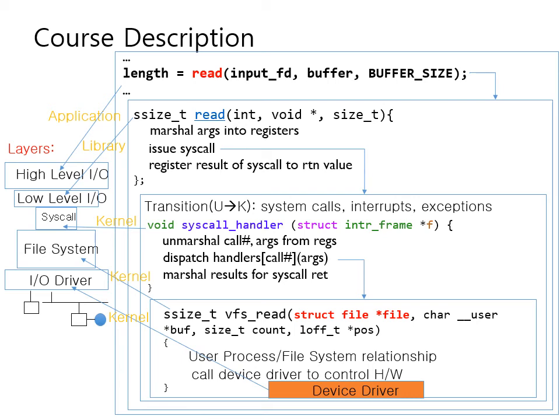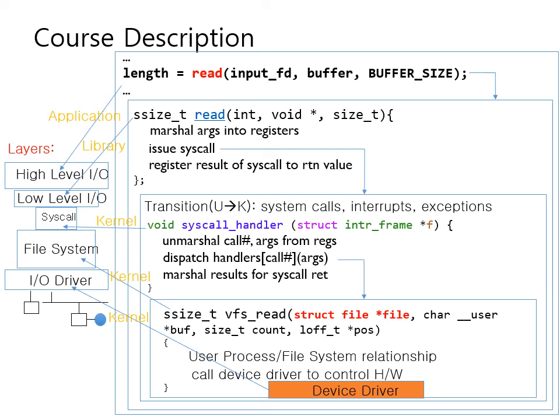The system call causes the transition from user mode to kernel mode and starts running the kernel function called syscall handler. This syscall handler invokes another kernel function, VFS read, to perform the received service.